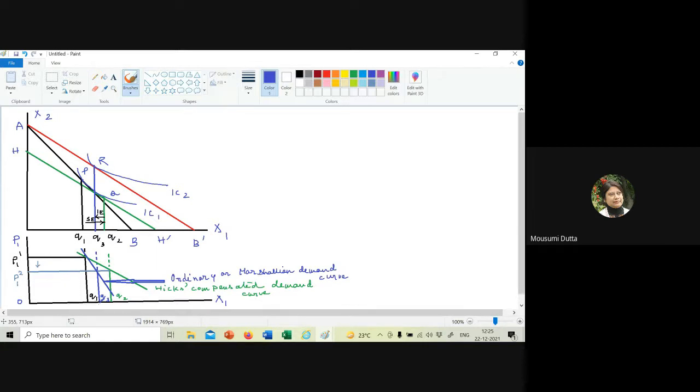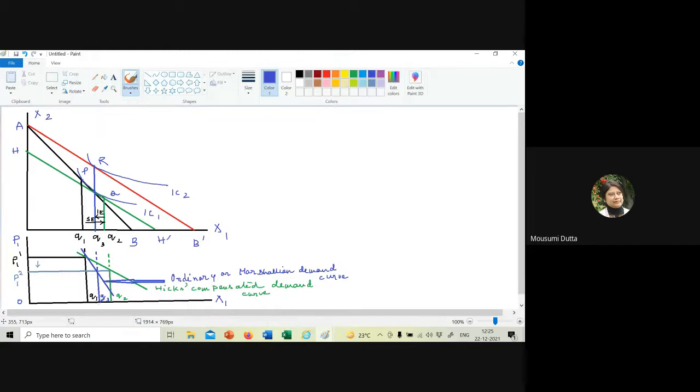However, we are still getting a negatively sloped demand curve, because as the substitution effect is stronger than the income effect, as price is falling from P1 to P2, there is still an increase in demand from Q1 to Q3.